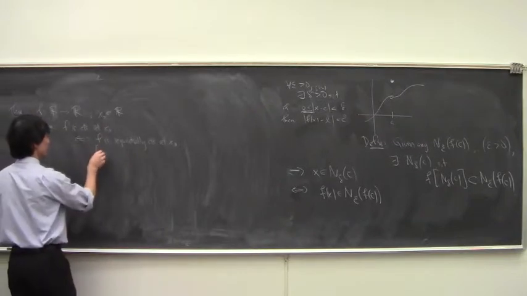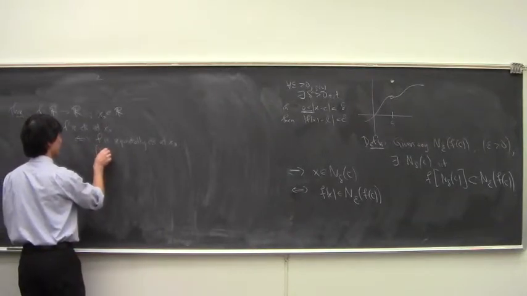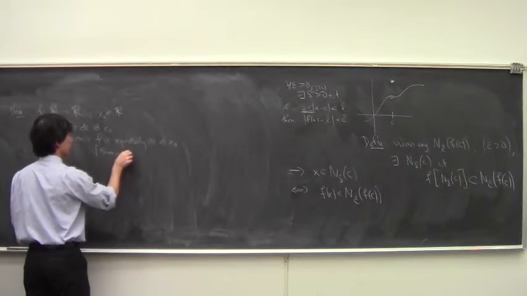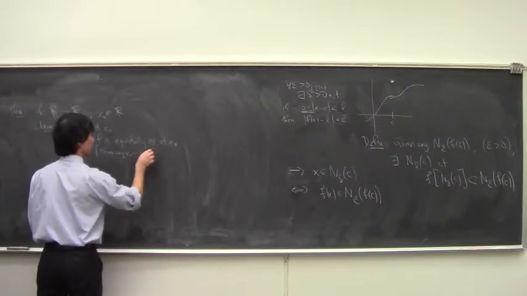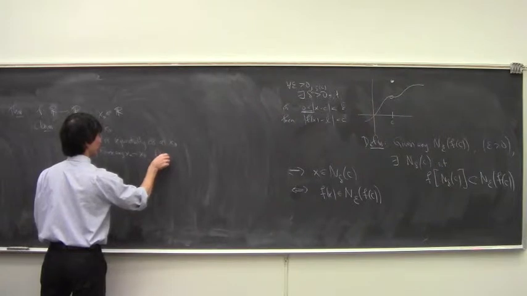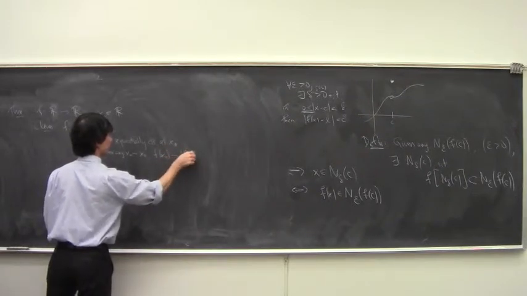In other words, given any sequence converging to x naught, we have f of x n converges to f of x naught.